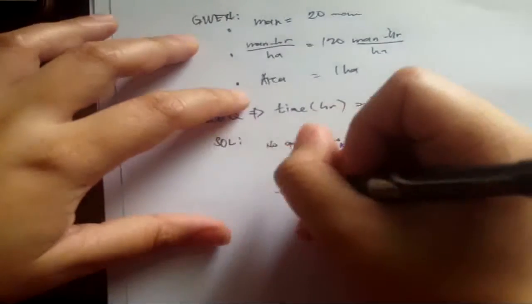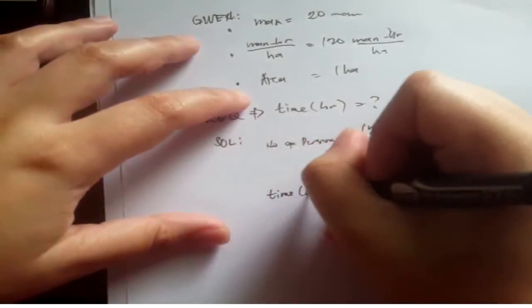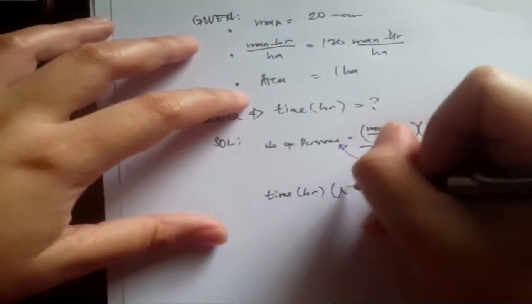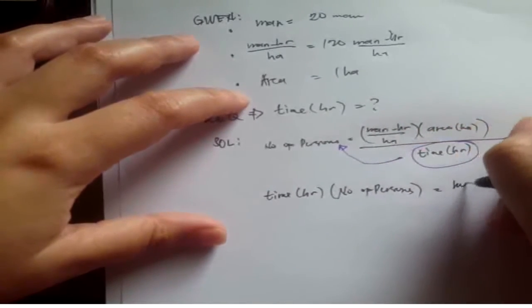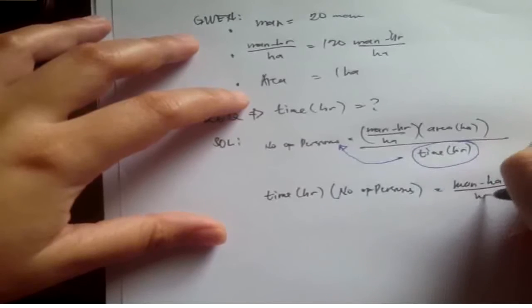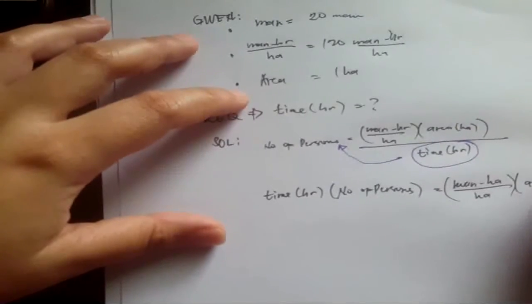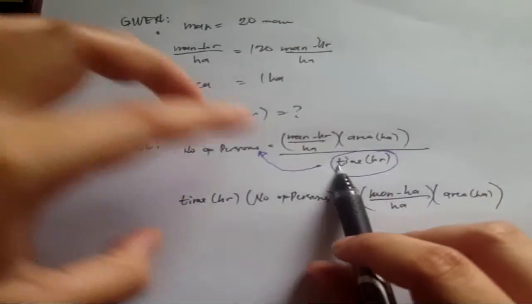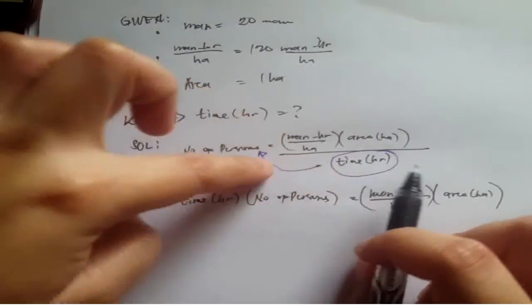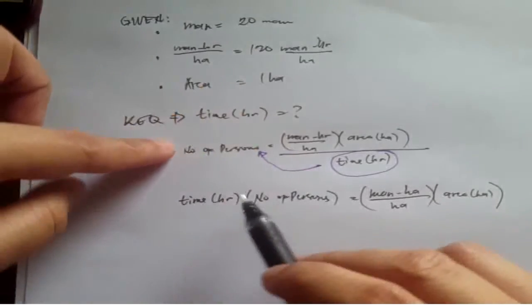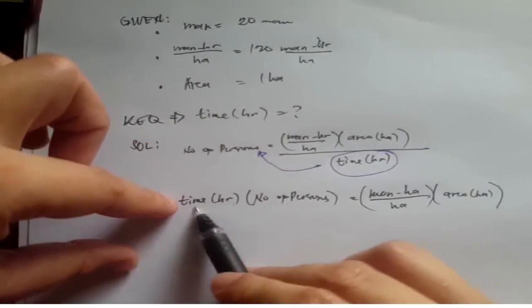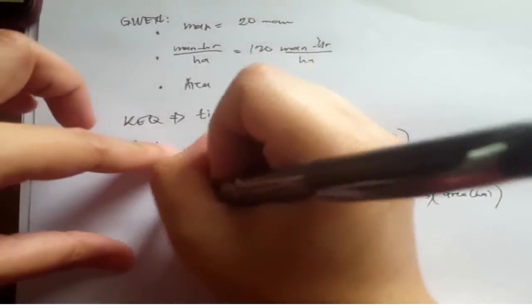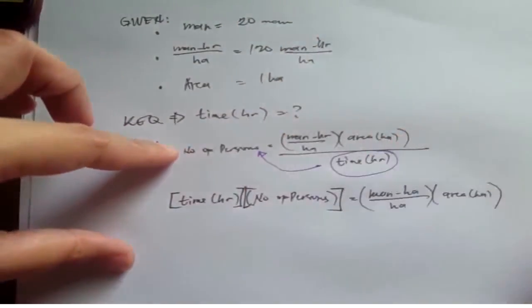So we have time in hours times number of persons is equal to man-hour per hectare times area. Okay, you see, we move this time in hours to the left side, so we have now your time in hours here multiplied to the number of persons.